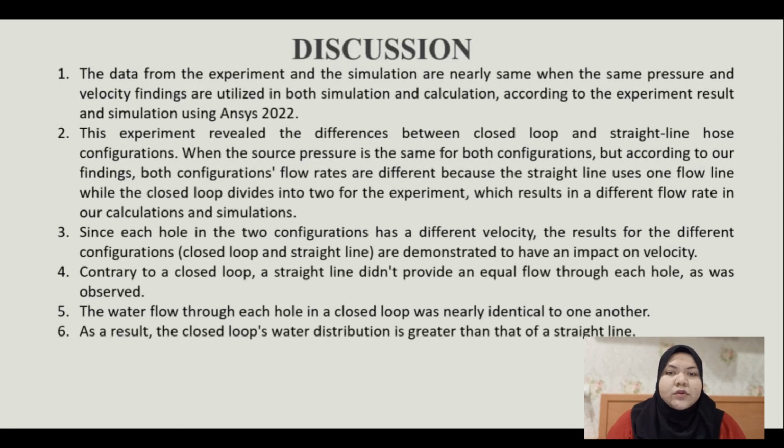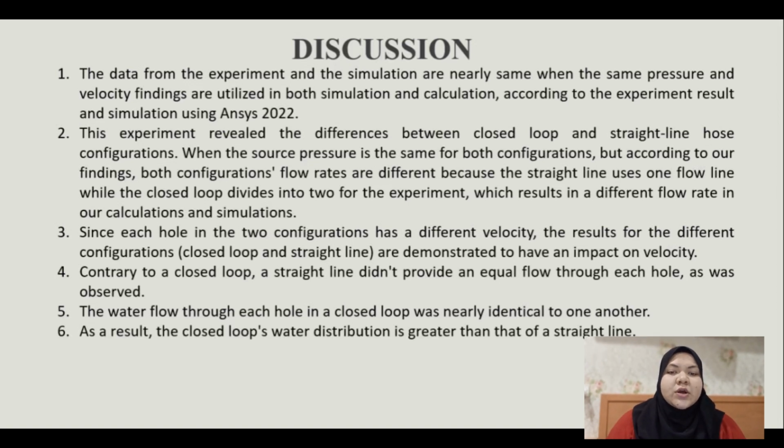But according to our findings, both configurations' flow rates are different because the straight line uses one flow line, while the closed loop divides into 2 for the experiment, which results in a different flow rate in our calculations and simulations.